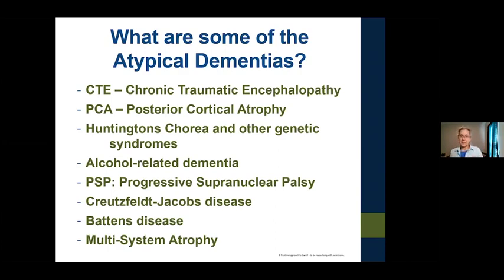PSP, progressive supranuclear palsy. Now, palsy, much as chorea, but palsy can be more of a shaking palsy, a rigidity, or more of a chorea. But progressive, it moves forward.